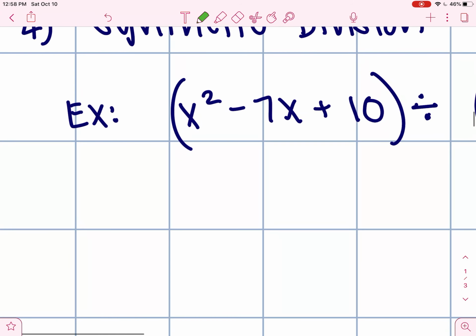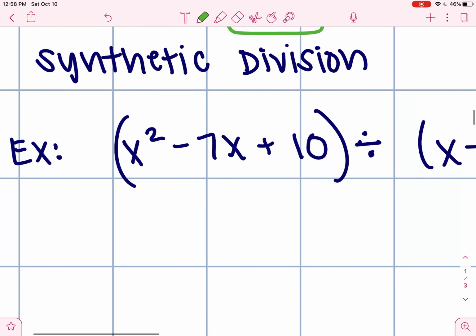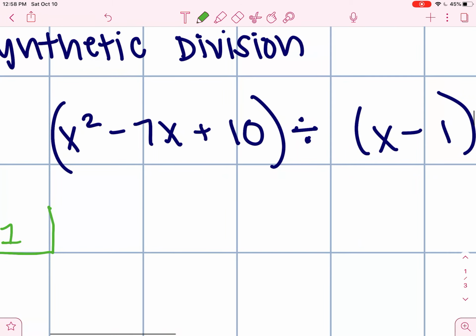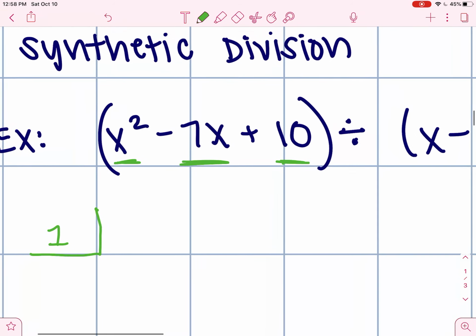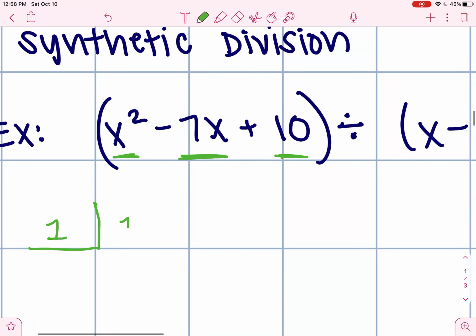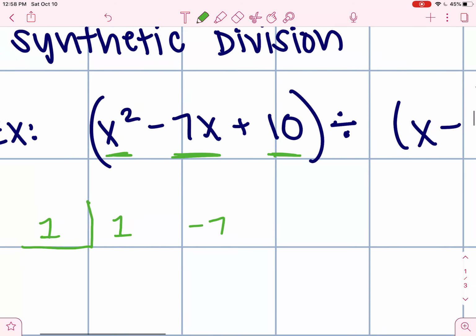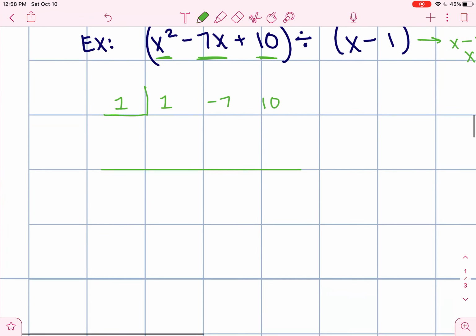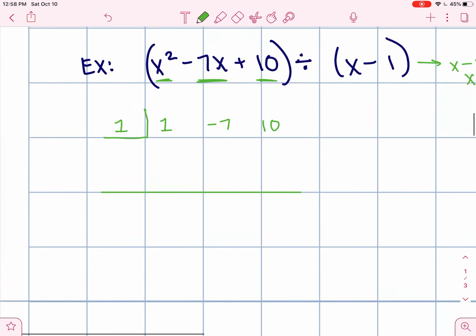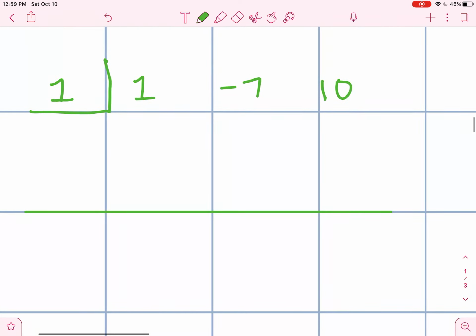The way that we set up a synthetic division or division bar is that we put the divisor, which is 1 in this case, and then we put the coefficients of each of these terms in our original equation. So this would be 1, -7, and +10. And then we would have a bar at the bottom to basically separate our answer from our work.